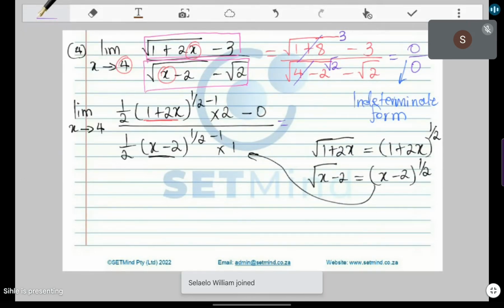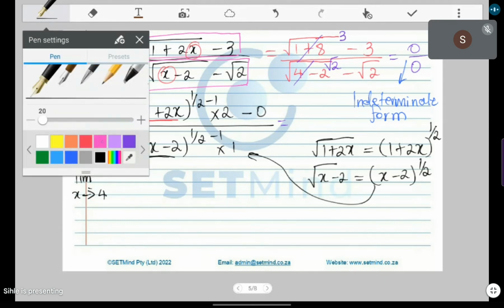So if that's the case, then let us try and write this in a neat form. Below here, I have the limit as x approaches 4 of, so let me write this and then you'll see.